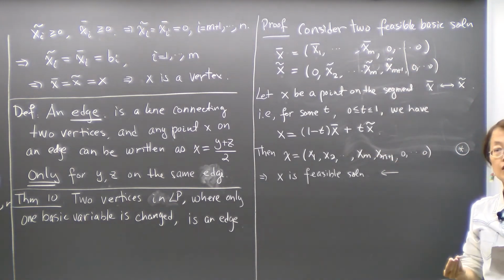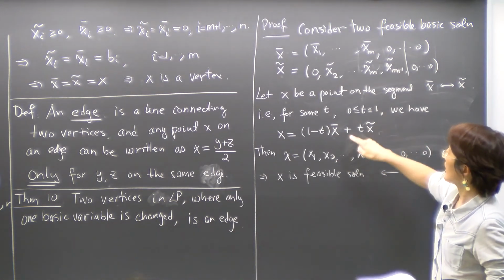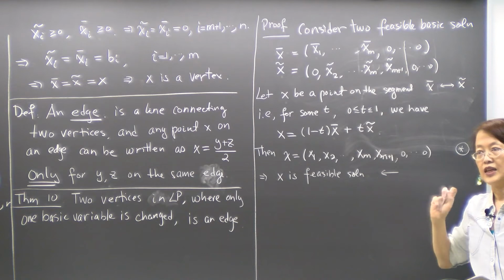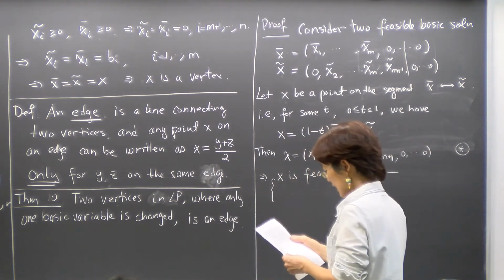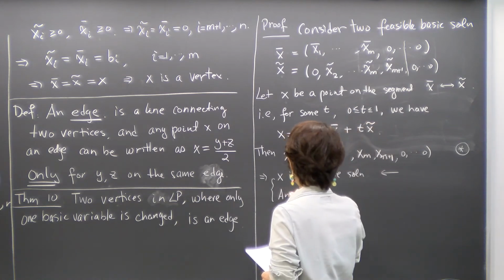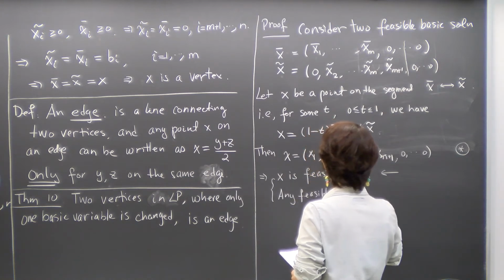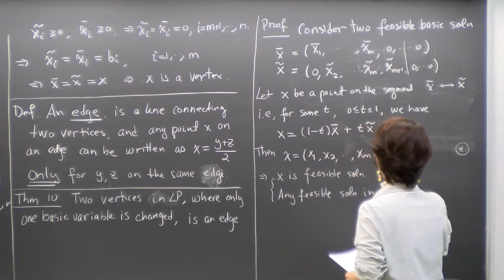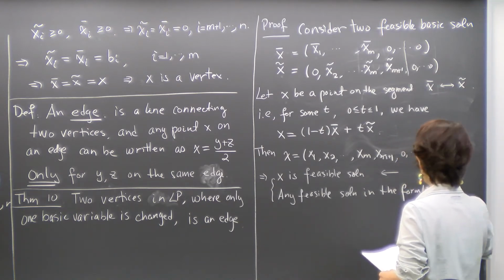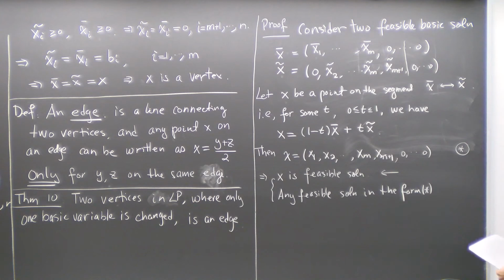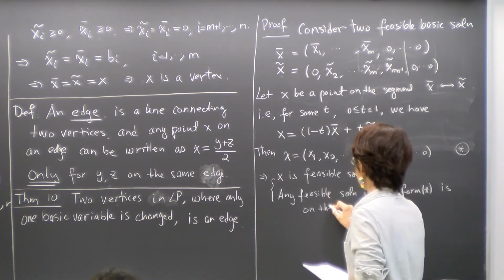Just prove it in detail to say that any convex combination of two vertices like this is in the set. It gives you a feasible solution, okay? And furthermore, I claim that any feasible solution in the form star is on the segment.